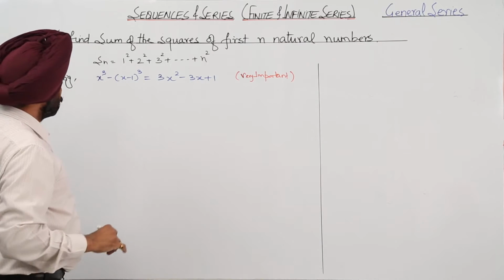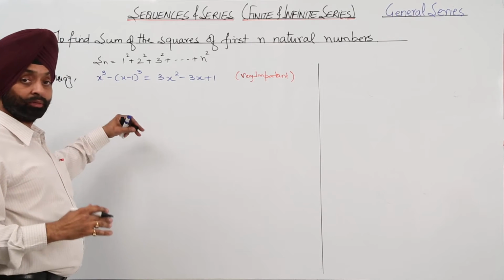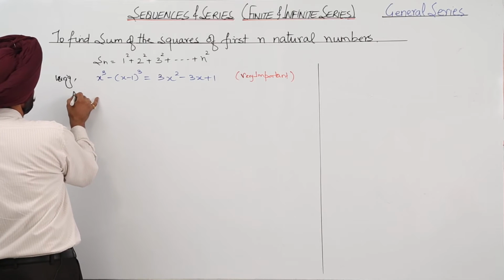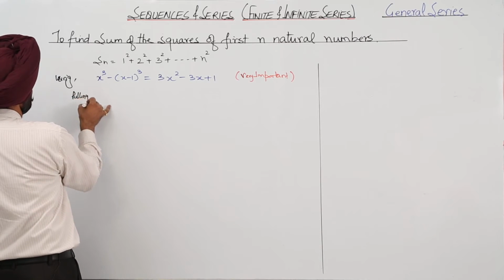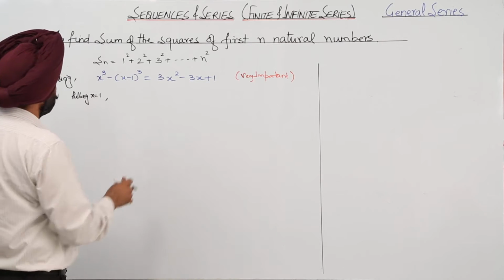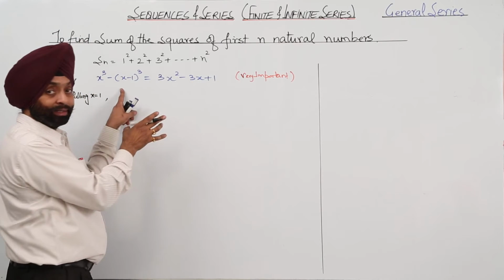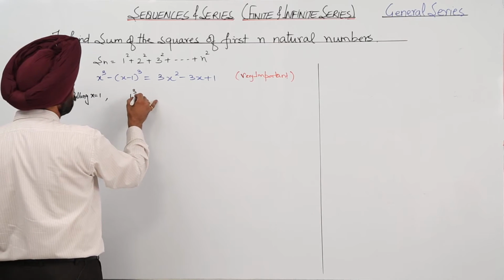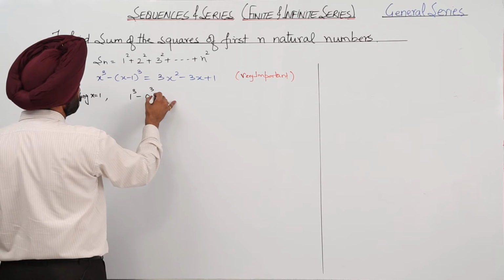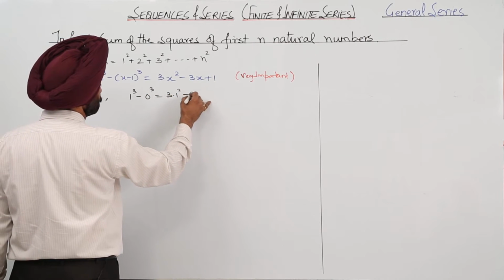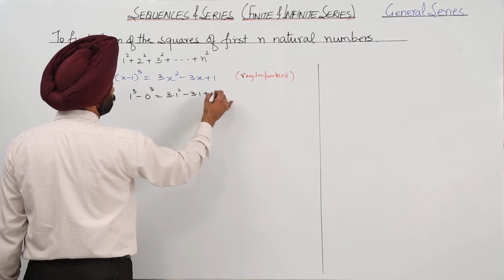Now just go on putting some values for x. Putting x equal to 1 in the identity, we have 1 cube minus 0 cube equal to 3 times 1 square minus 3 times 1 plus 1.